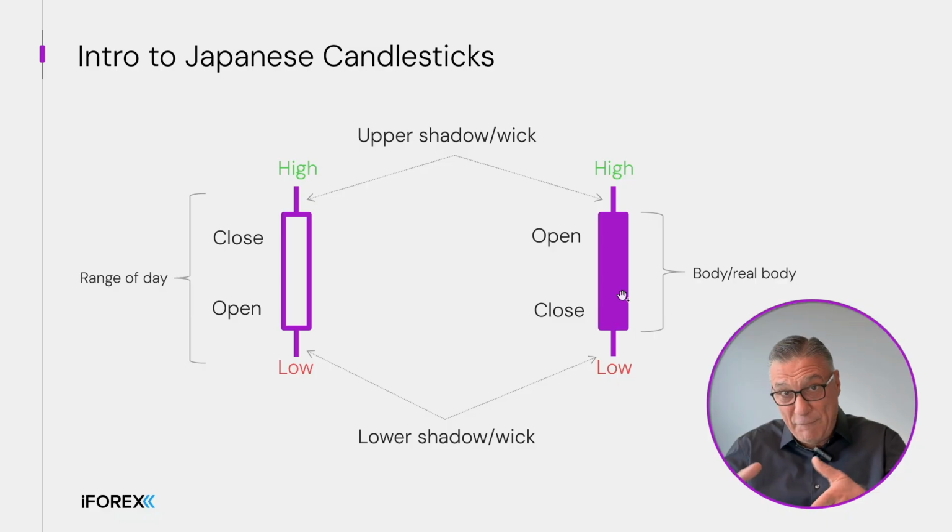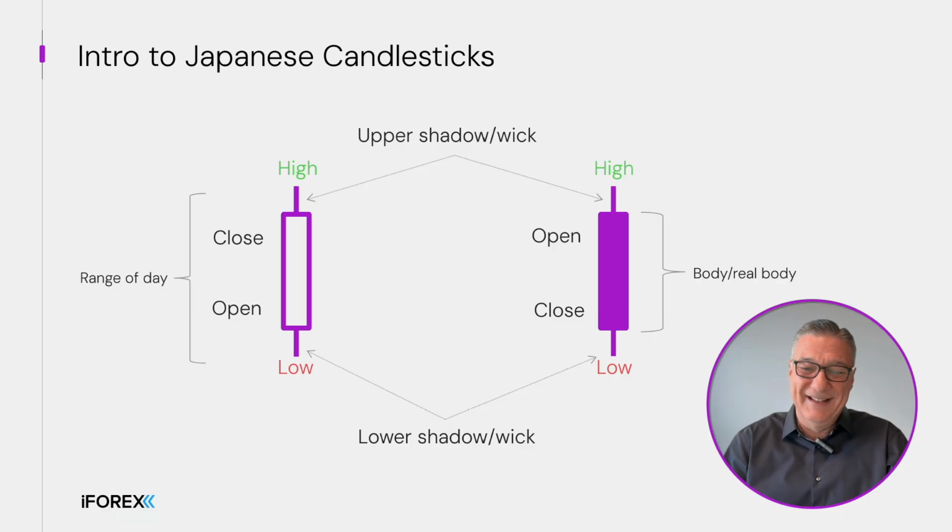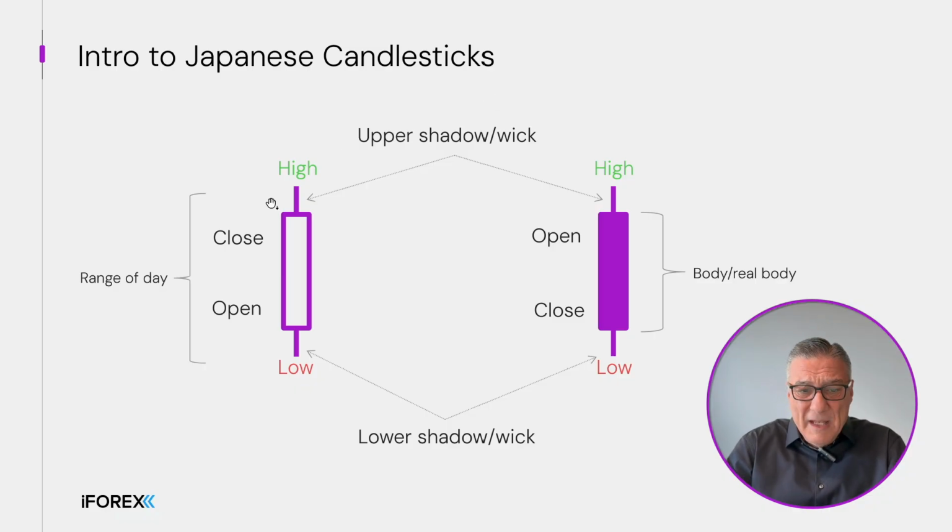That's why it's filled. It's bearish, right? In this case, it's purple, or we can color it black if you wish. Now, the high price is the same on both candlesticks, and the low price again is the same on both candlesticks. What changes is the open and the close price, of course.